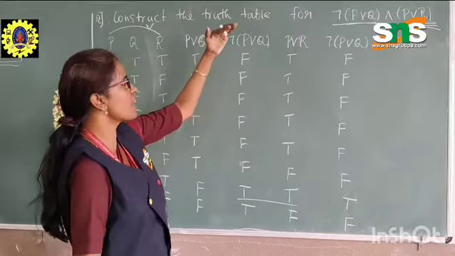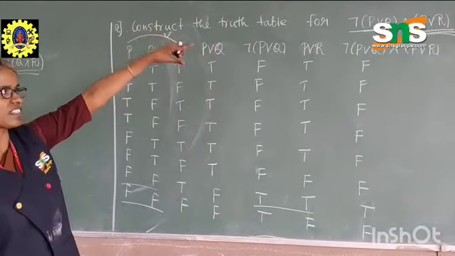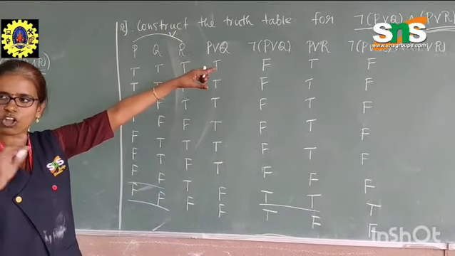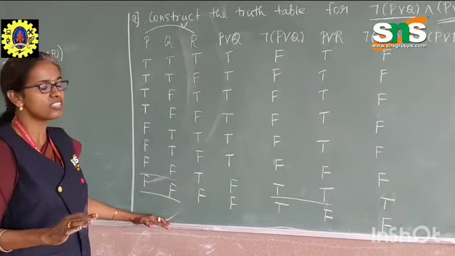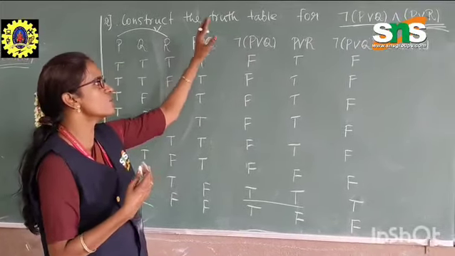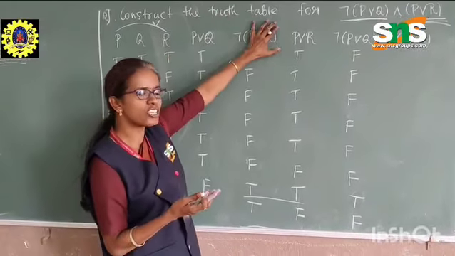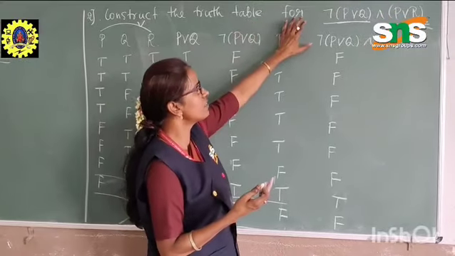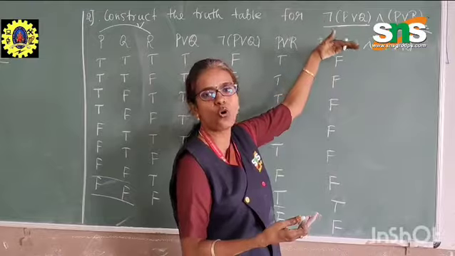Now you just recall the steps we followed for this expression. Check how many variables: 3. So the combinations are 2 power 3, which is 8. You write all the 8 combinations. Then you go for the expression and find the terms one by one. We start with P→Q. Then we take the negation of P→Q. After that, you go for the bracket P→R. Finally, we have the whole expression.